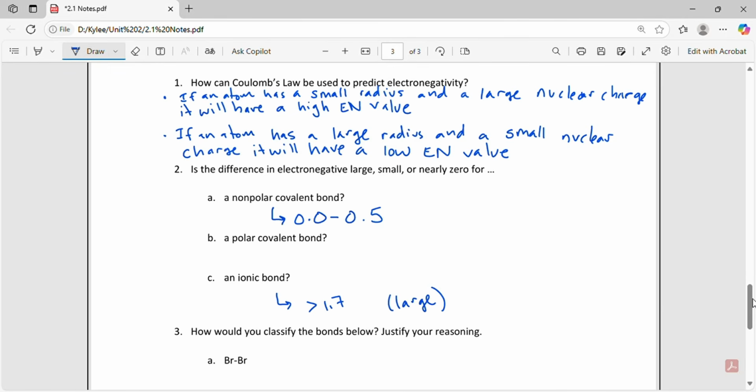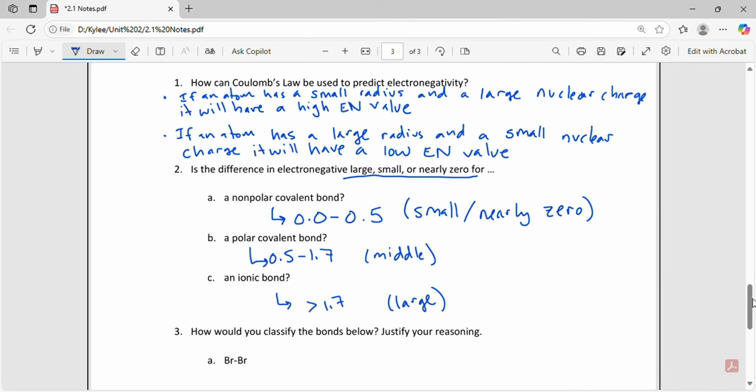And then our polar covalent bond is going to be between 0.5 and 1.7. They're asking for large, small, or nearly zero. This one is like the middle ground, so I'm just going to call that middle. And then both small and nearly zero would describe the nonpolar one. There's not really an indicator here that I feel comfortable giving to polar covalent bonds.